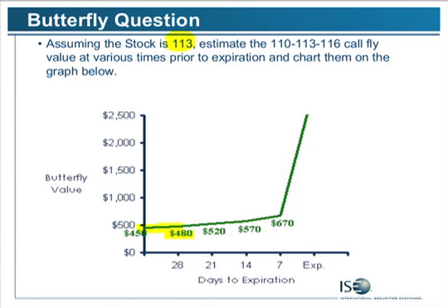So another 7 days goes by, goes from 28 to 21 days, and now the value has grown to $520. Again, this is improving, but let's continue on. Another 7 days goes by.